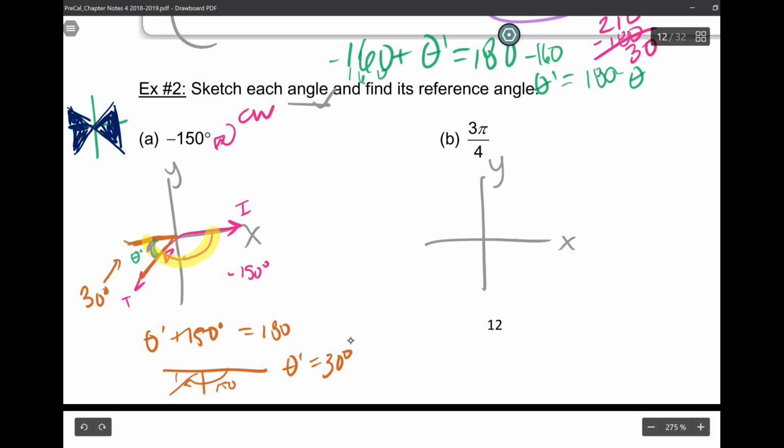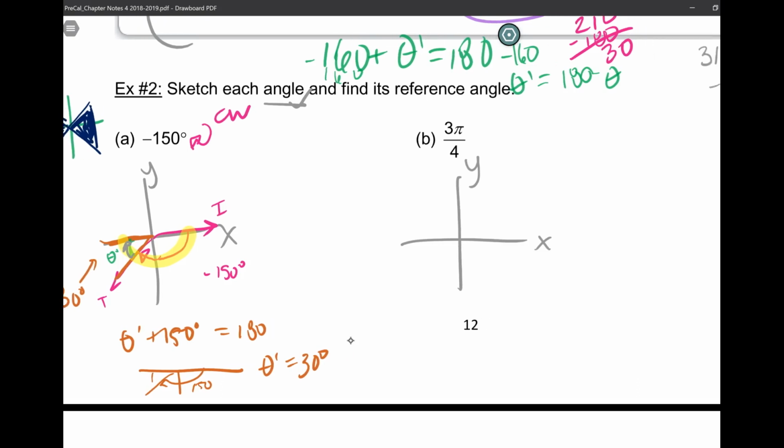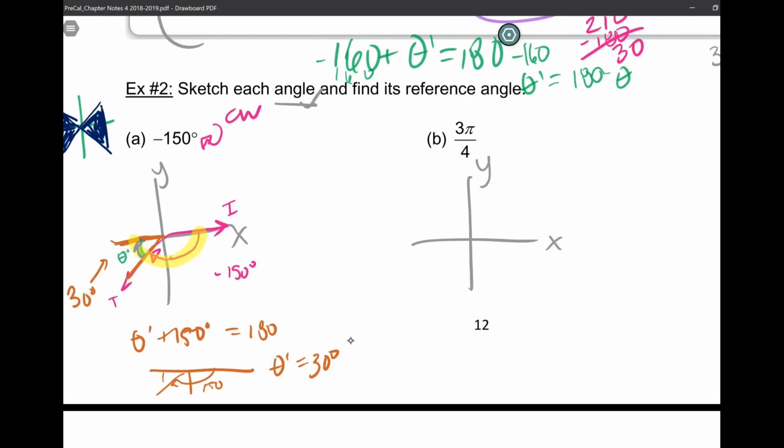All right, so I have 3 pi over 4. How do I do this? I know that over here is pi, so if I had 4/4 pi, I would go all the way around, but I'm not. And I know a 90-degree angle right here would be pi over 2, which is equal to 2 pi over 4.